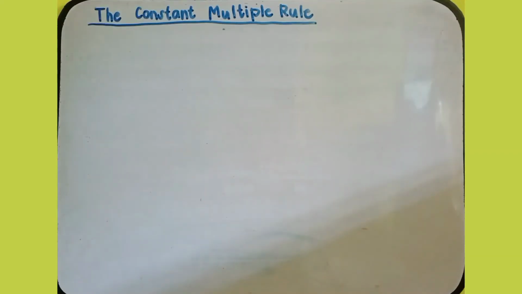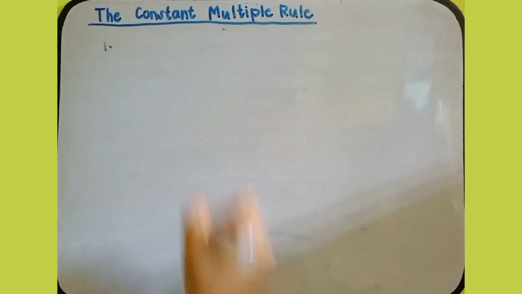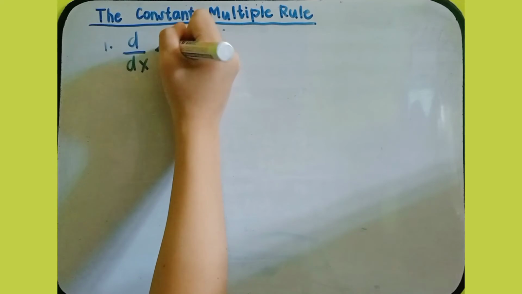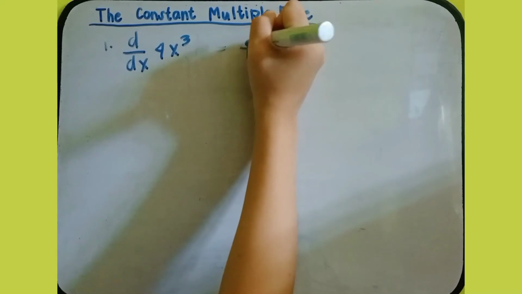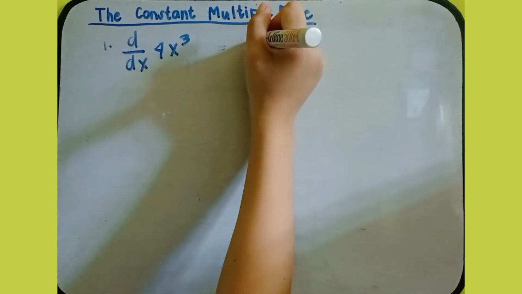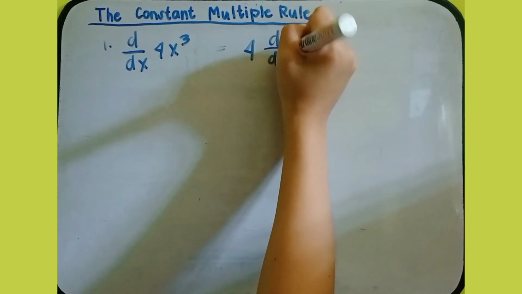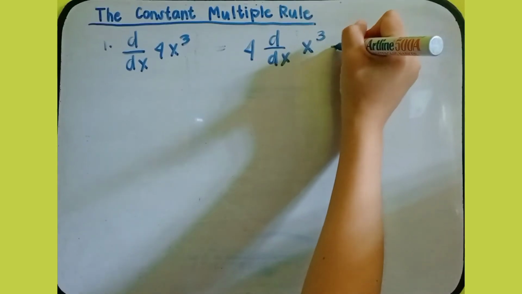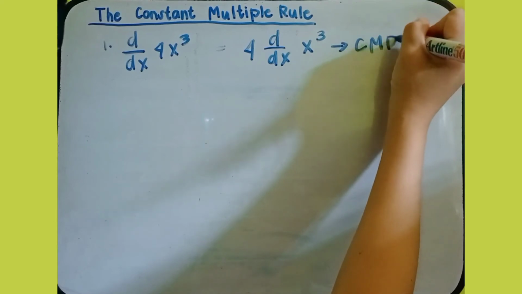Let's find the derivatives of the following. Number 1, we have d over dx of 4x cubed, which equals 4 times d over dx of x cubed by the constant multiple rule.